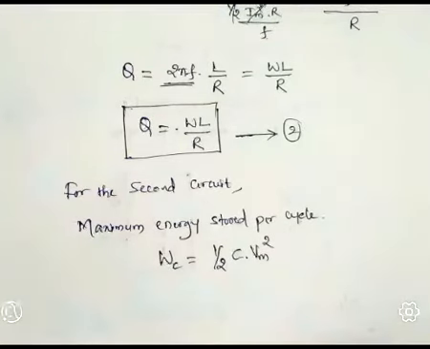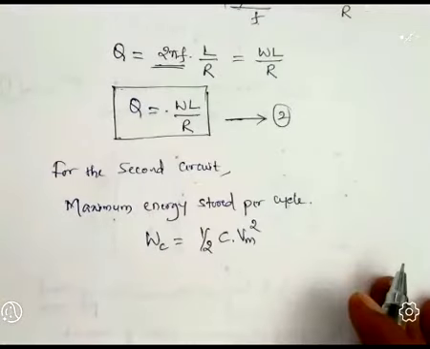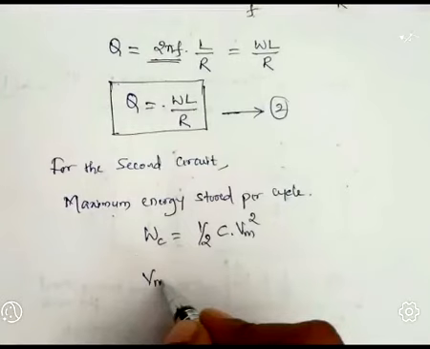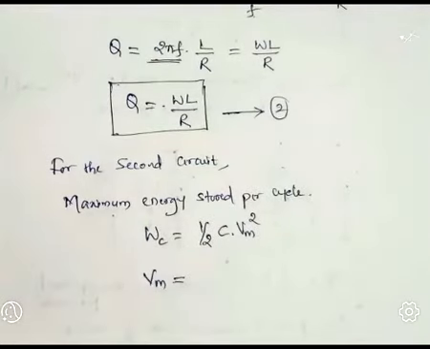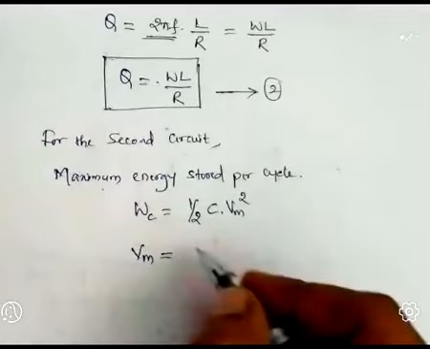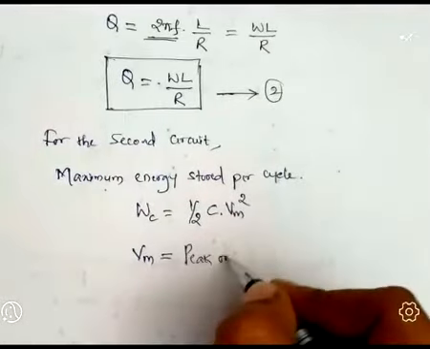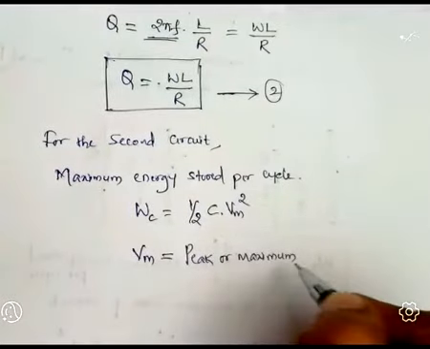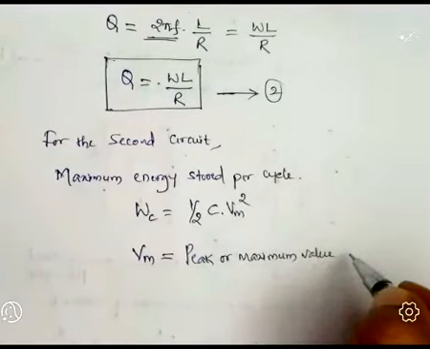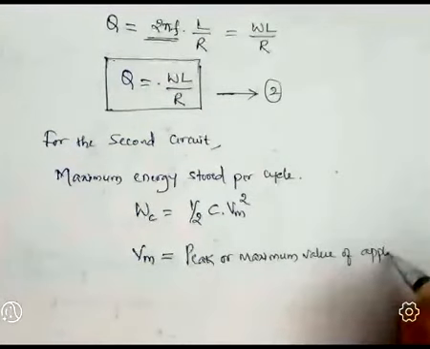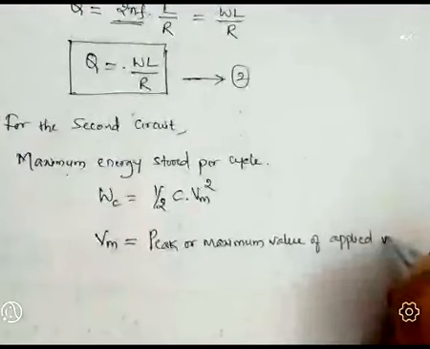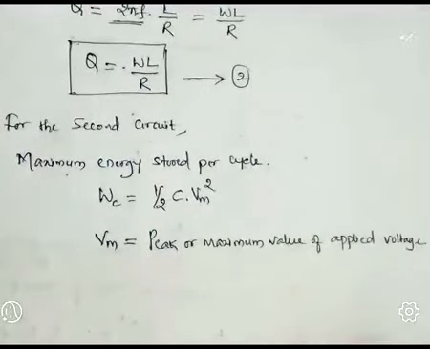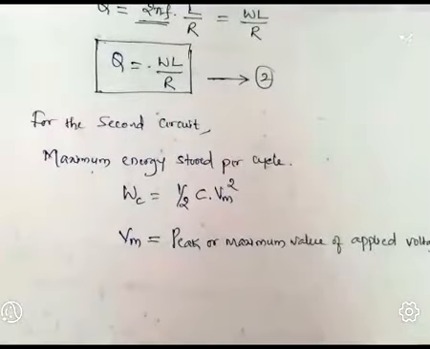As in the previous case, where Im stands for the maximum or peak current, here Vm stands for the peak or maximum value of the applied voltage.